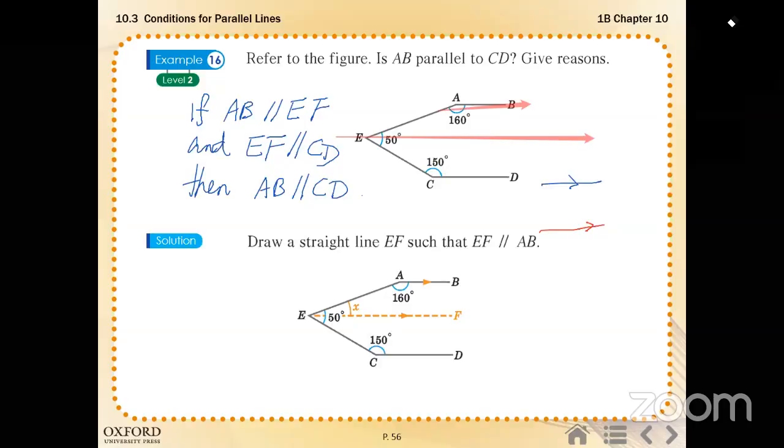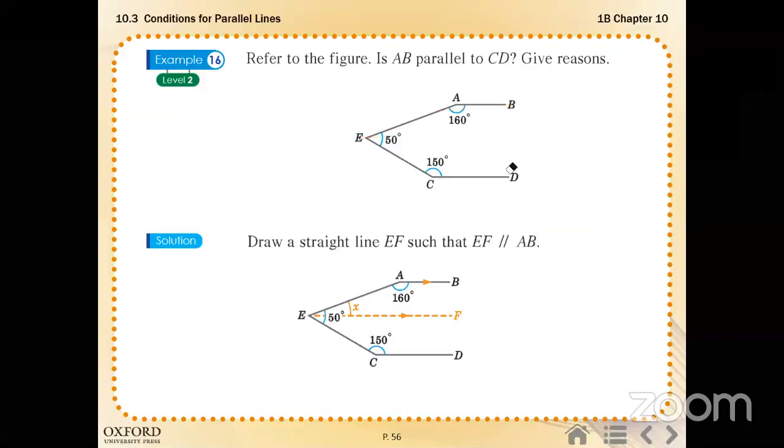Now, therefore in this case, I clear all the drawing first. Now we add the line. This is what I add, and then I add the condition that EF will be parallel to AB.